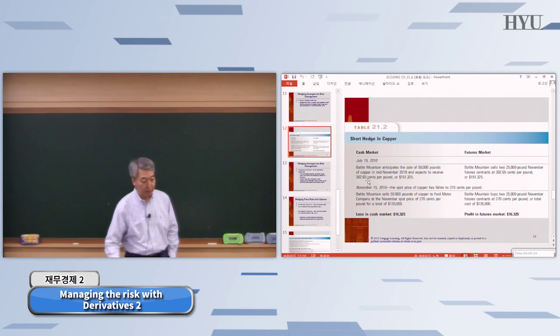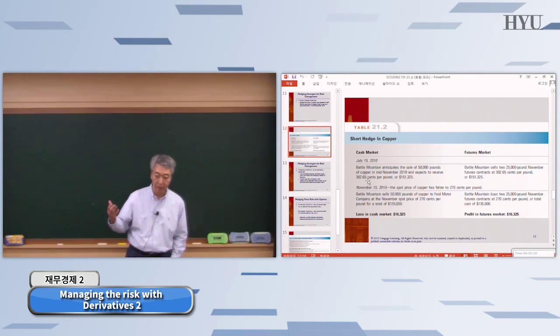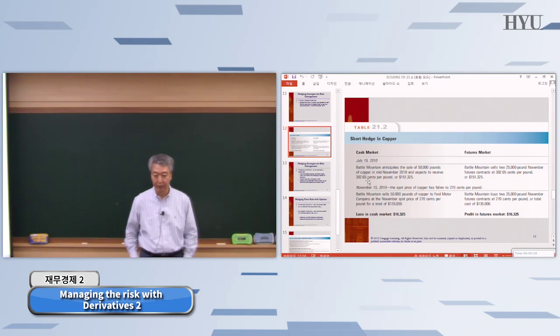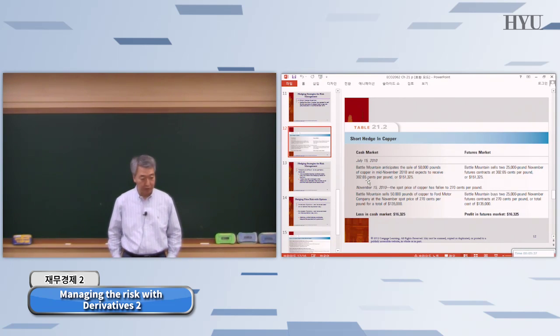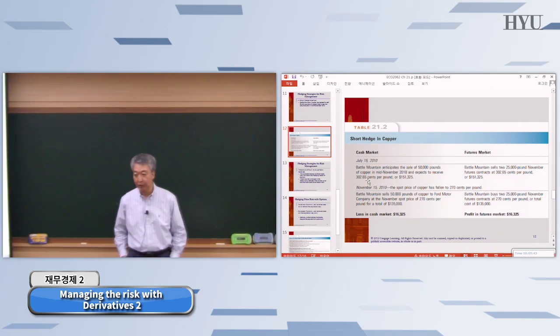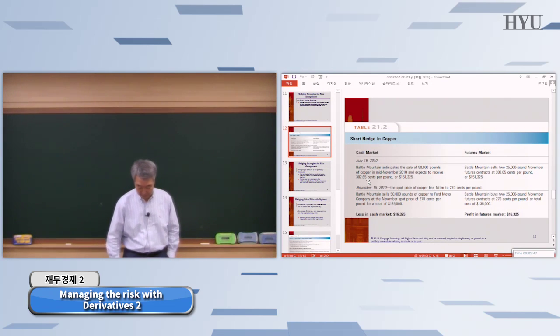But suppose price went up to 320 or 330, they still have to sell their copper at the agreed upon price, even though market price is now 320 or 330 cents.